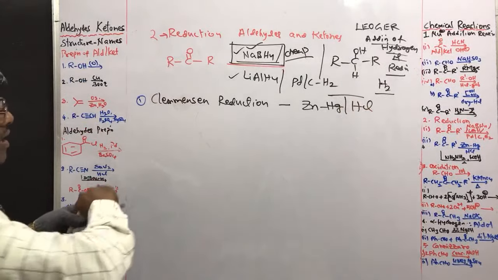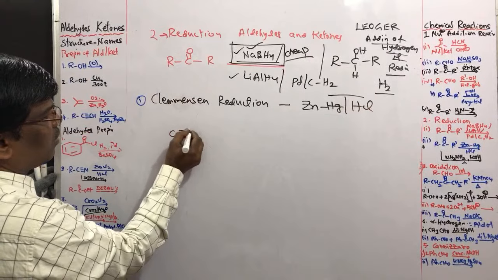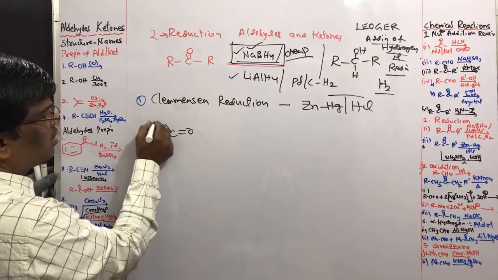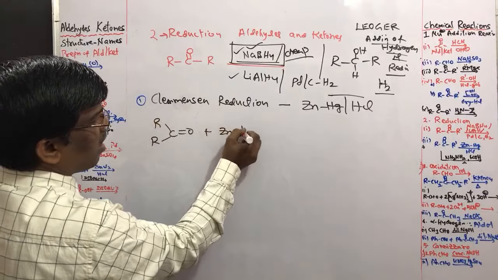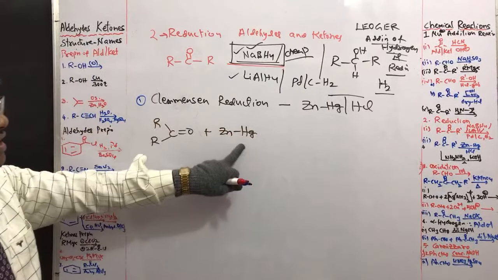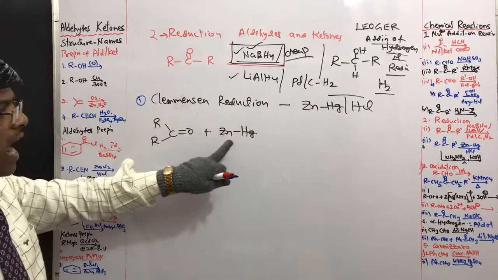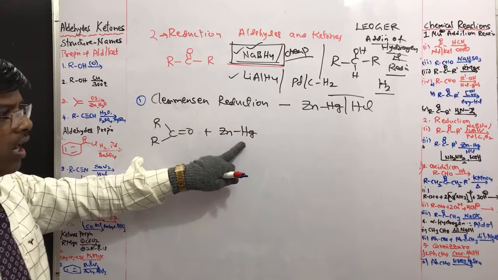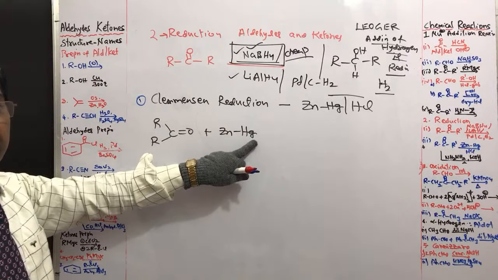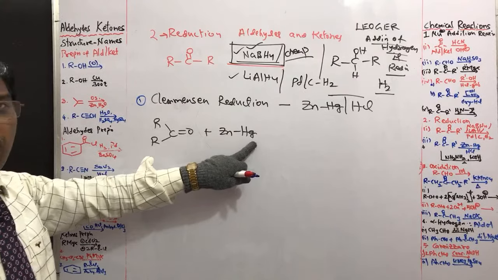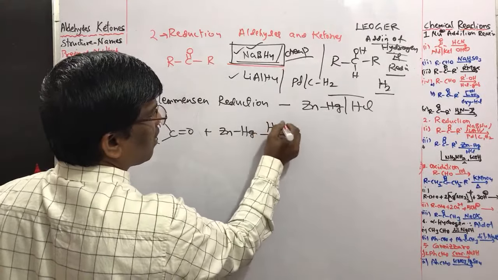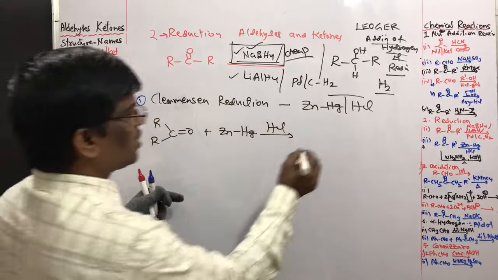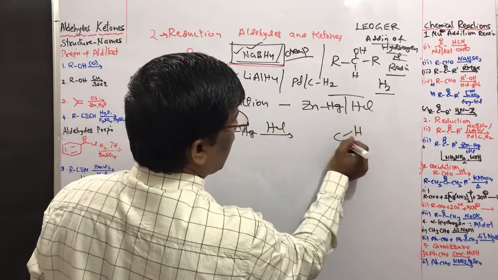Take an aldehyde or ketone in the presence of amalgamated zinc. The amalgamation is done to activate the zinc. Zinc-copper couple you will also get, right? Usually with amalgamated zinc in the presence of HCl, you get the reduced compound, where hydrogen is added.